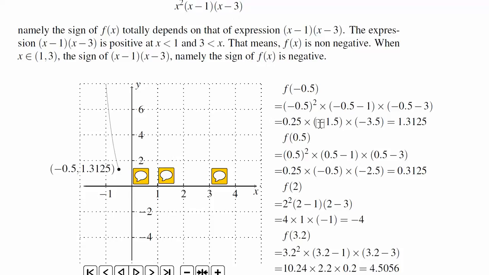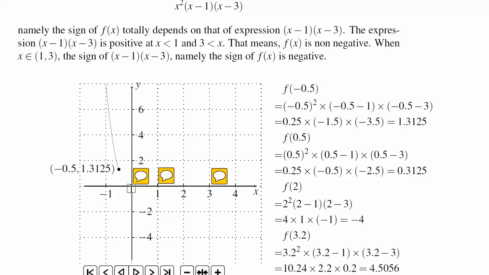We can calculate. The answer is 1.3125. That's basically this point. So x is negative 0.5, we have this point, and we know 1.3125 is greater than 0.